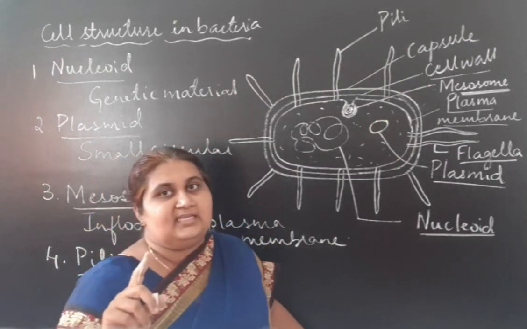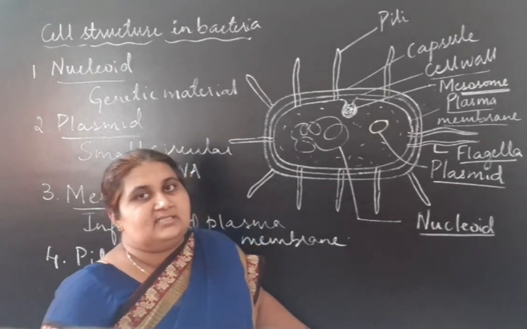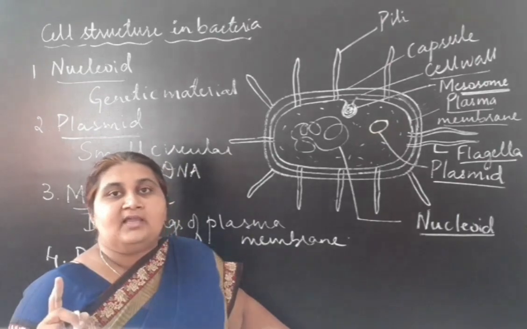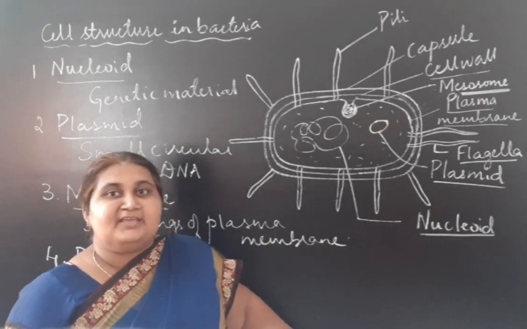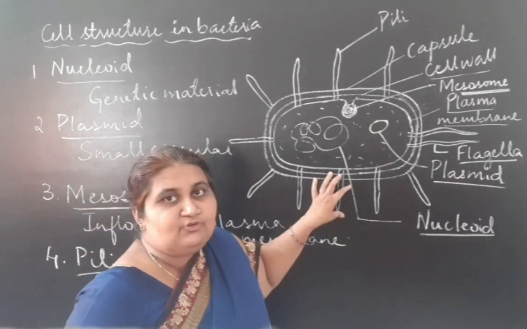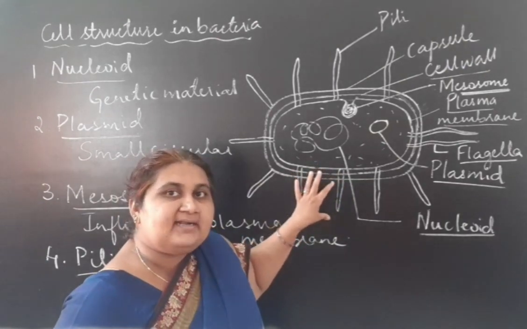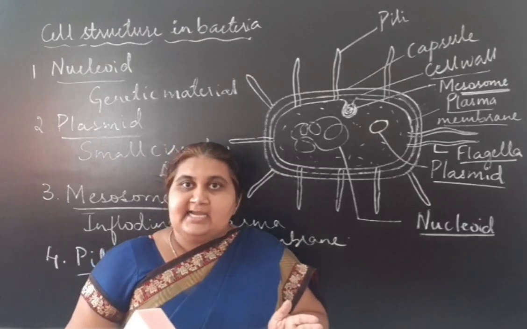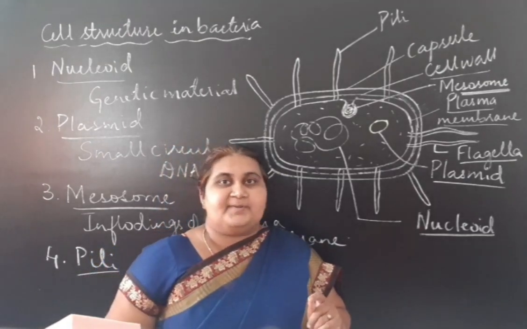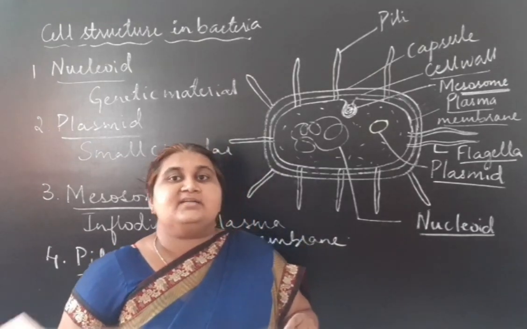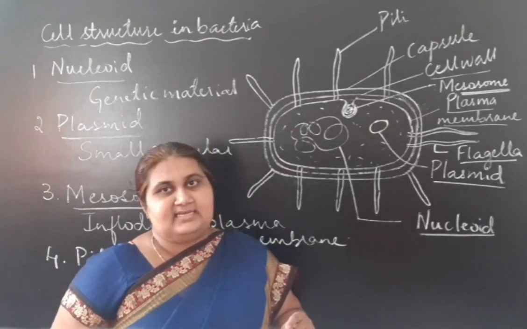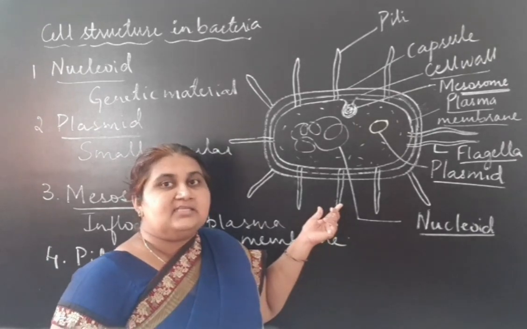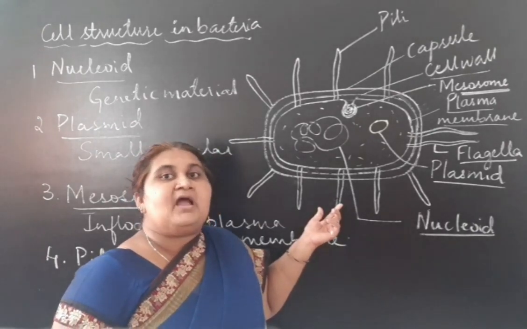Also, think of a pathogenic bacteria. What is meant by pathogenic? A bacteria which is involved in causing disease to the host organism. Then this bacteria is called a pathogen. Disease causing organisms are called pathogens.